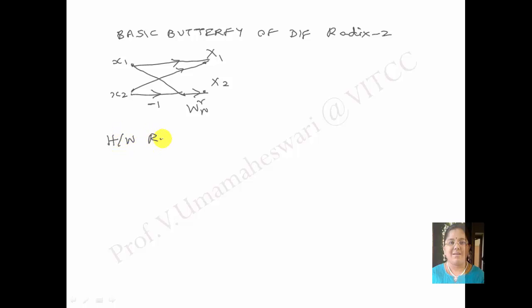Okay, so this is going to be the pattern which is going to repeat itself in the DIF algorithm radix 2. Okay, so finally we have to investigate the hardware requirements for fast Fourier transform. Let it be DIT or DIF, the hardware requirements do not change.